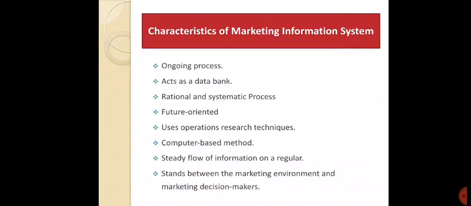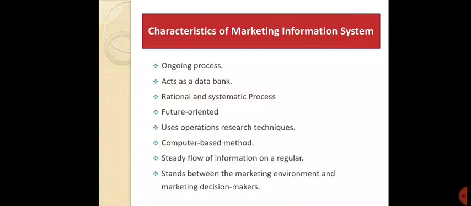Let's discuss important characteristics of marketing information system. First one, MIS is an ongoing process as it operates continuously. Next, marketing information system acts as a data bank and facilitates prompt decision making by managers. Next, it operates in a rational and systematic manner and provides required information which is needed for business houses.